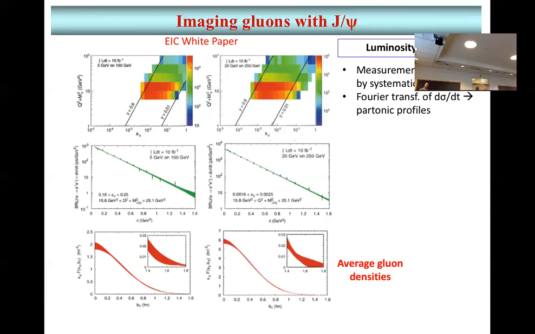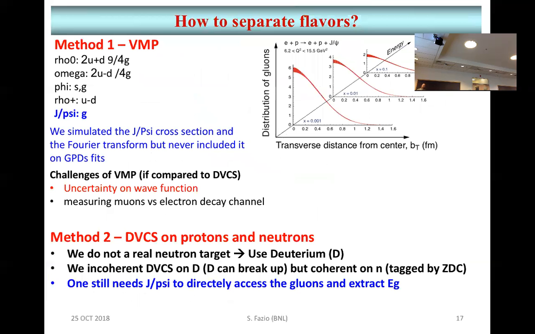For the flavor separation, you limit yourself to vector mesons or DVCS. How about the scalar mesons, pions? Yes, those should be used for constraining, for instance.